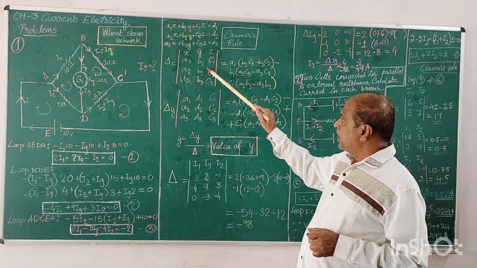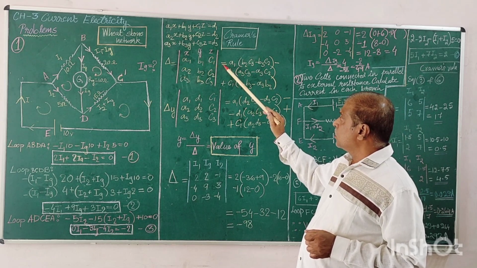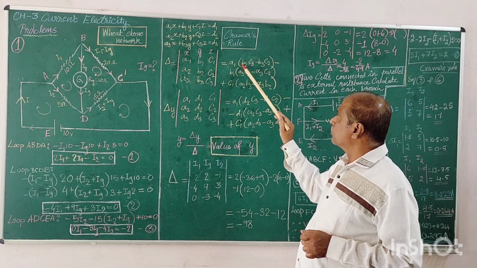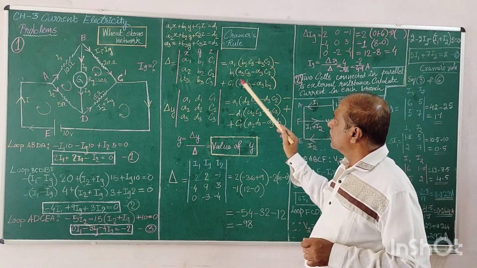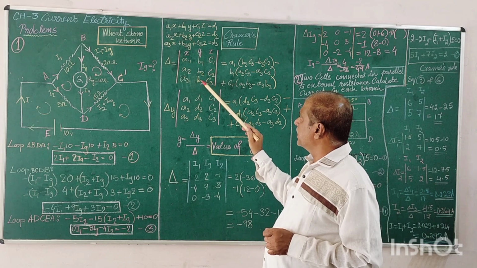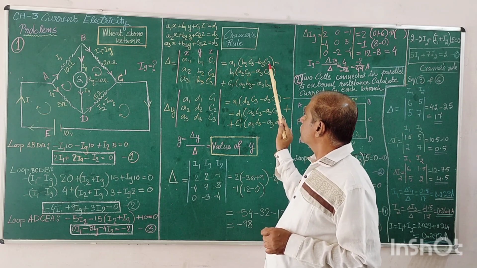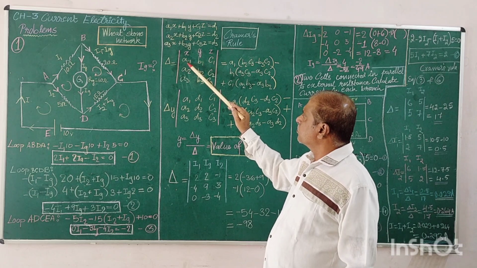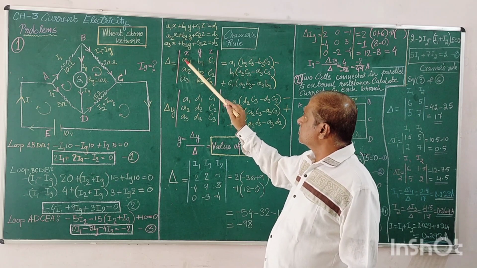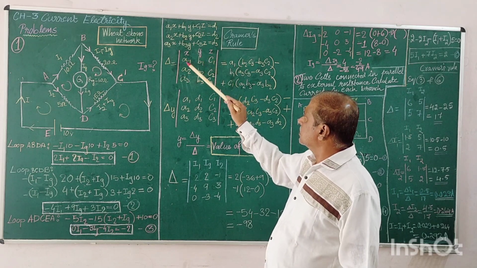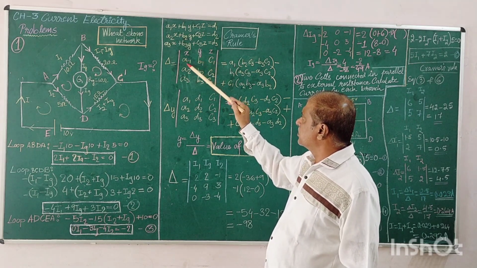So the determinant value of this determinant equals this number into, inside the brackets, this into this, product of these two minus product of these two. That means when you take this element, leave the elements of this row and the elements of this column.